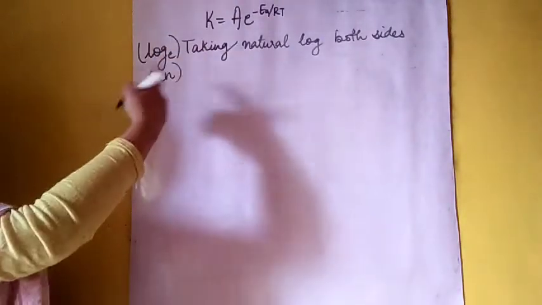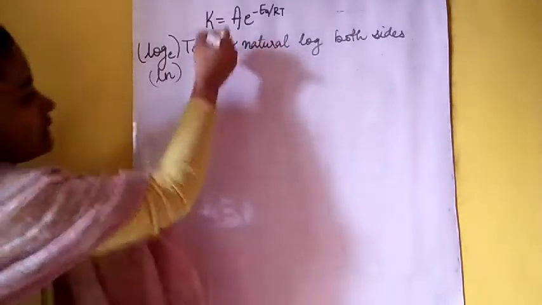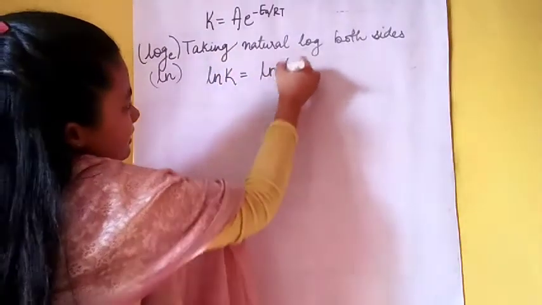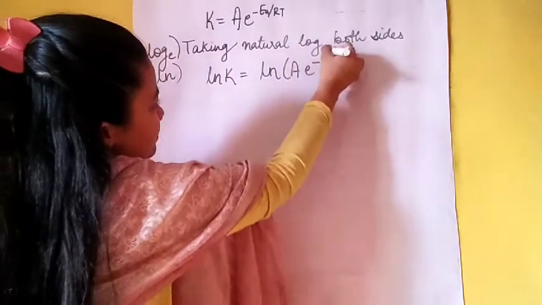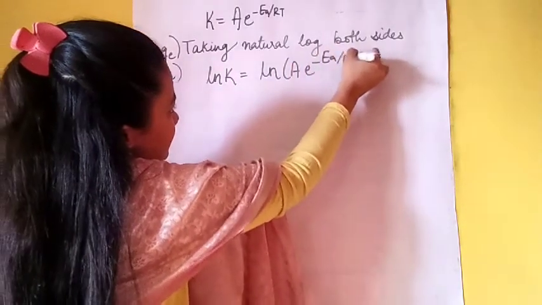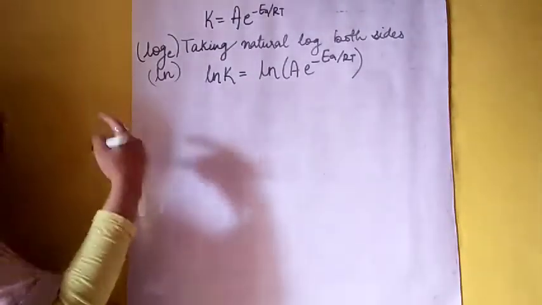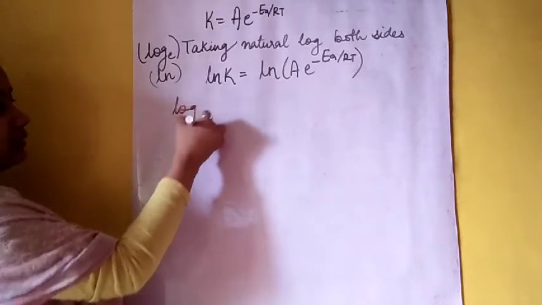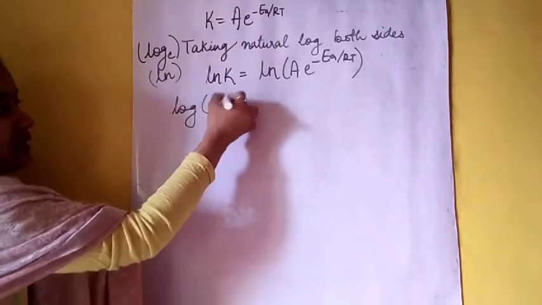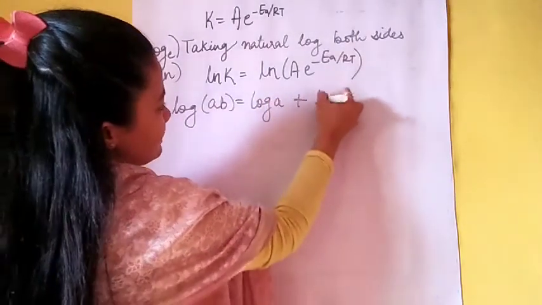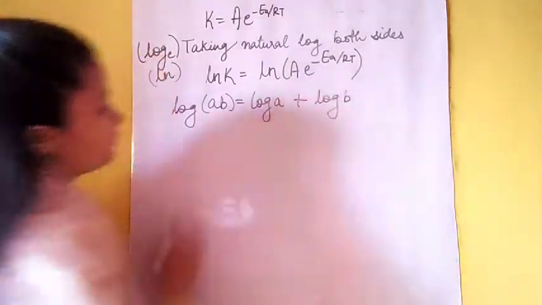Now taking natural log on both sides, what will happen? This will become ln K is equal to ln A e to the power minus Ea by RT. Now I have already told you some formulas of log. So write one more formula, that log AB is equal to log A plus log B, right?